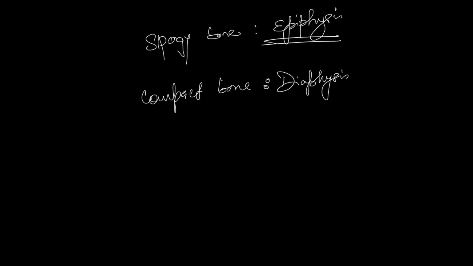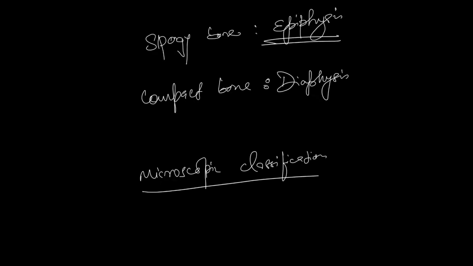Next, we'll classify the bones according to the microscopic classification. Microscopic classification means whatever we will see under the microscope. Lamellar bone and woven bone.